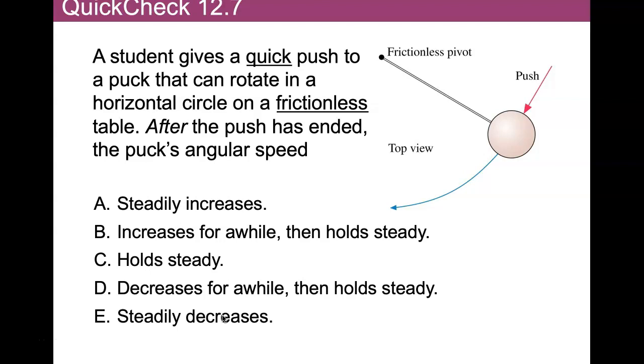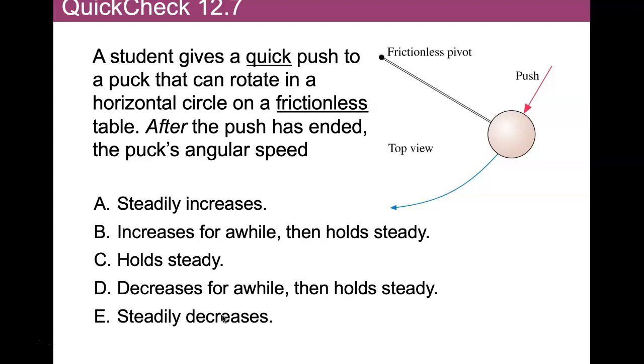So what can we say about the puck's angular speed? After the push is over, there's only one force acting on this puck. Let's say that's just a string. So it's going to be in the radial direction, right?